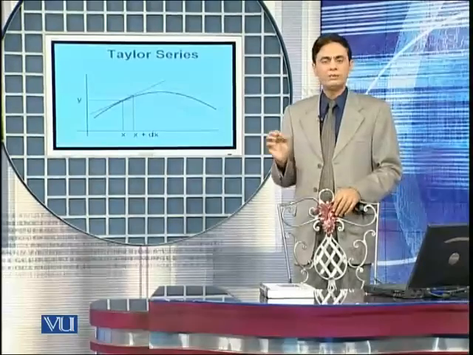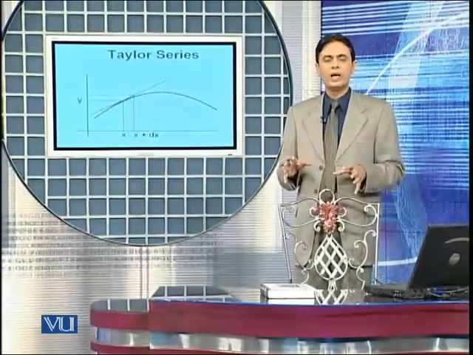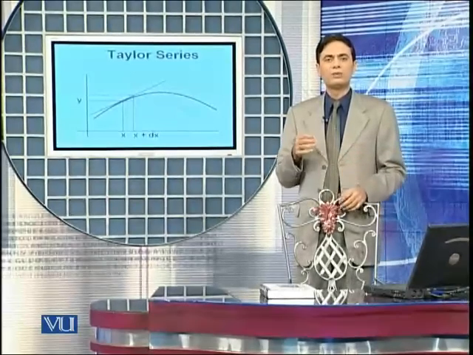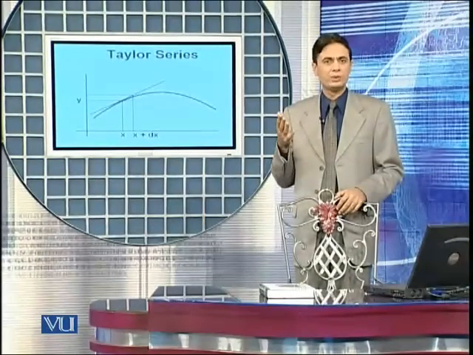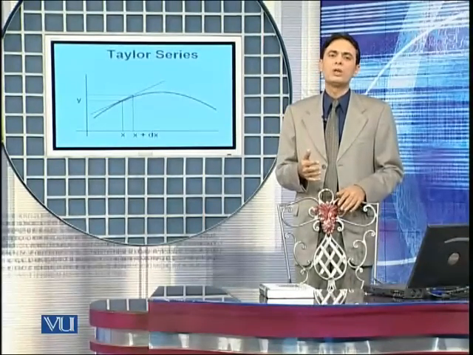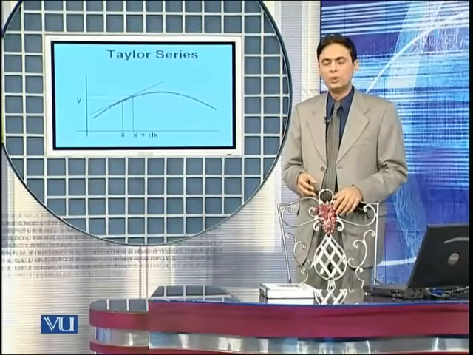Let's review this one-dimensional Taylor series to get a good idea of how we can find the value of a function at a point where its value is not known in terms of a nearby point where the value of the function is known.